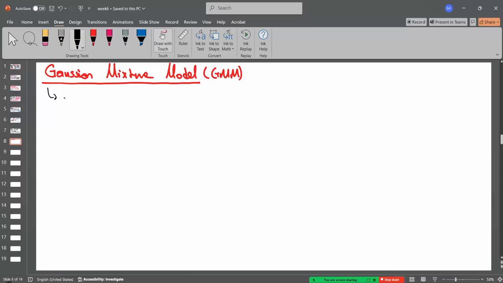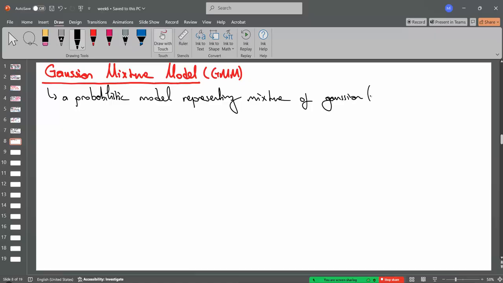And so, this is the probabilistic model representing a mixture of Gaussian normal distributions. And so in this case we have more than one Gaussian probability P1, P2, P3, but these combinations create the whole probability regions.